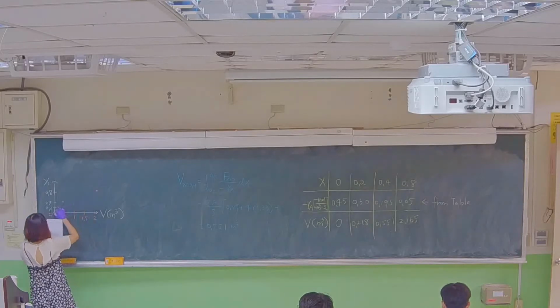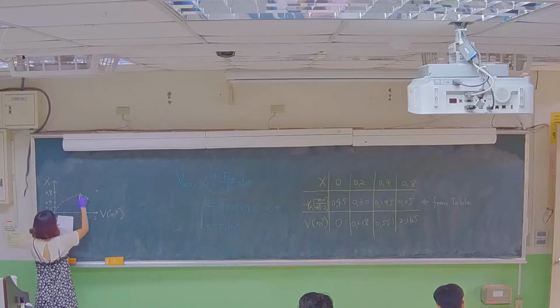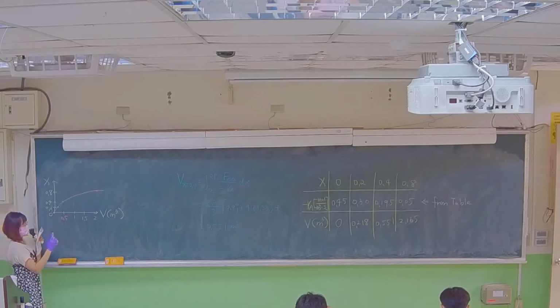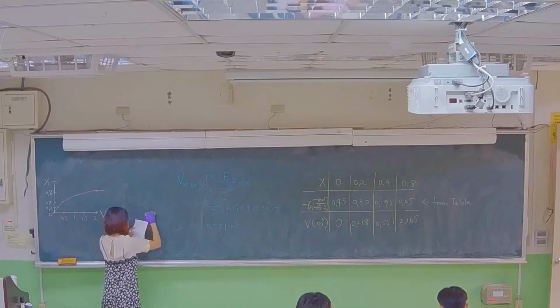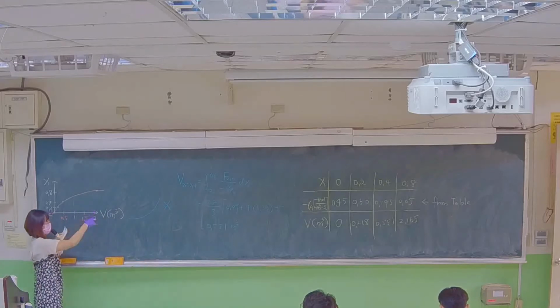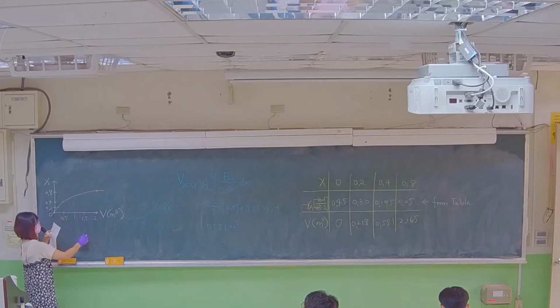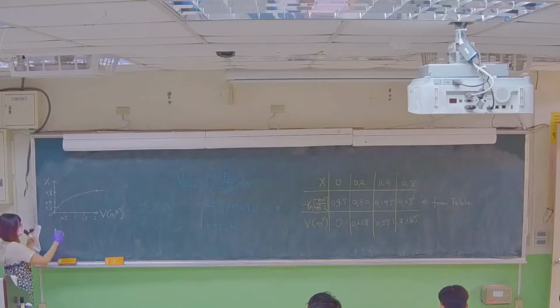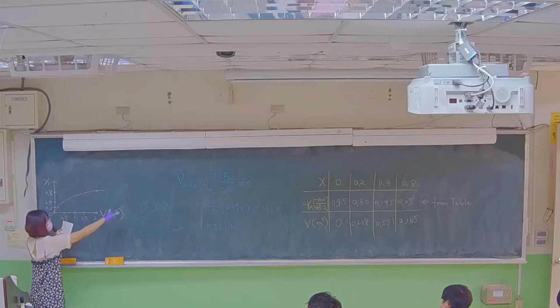Okay, so you can get a curve like this. If you give me a curve like this, it is wrong, okay? The trend should be the same. So this point can be not very accurate, but the trend should be the same.